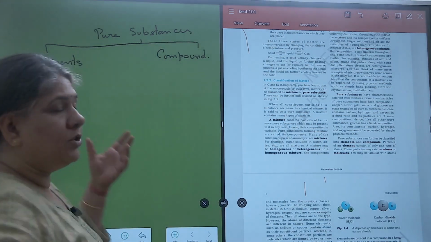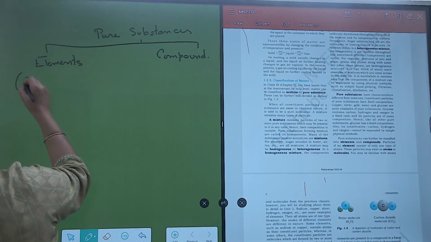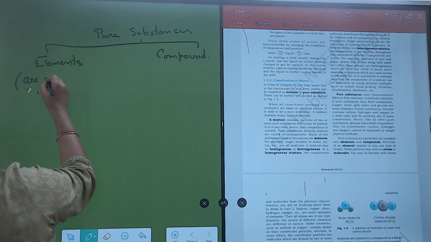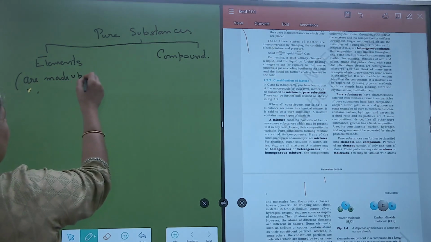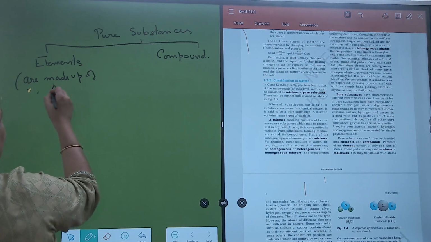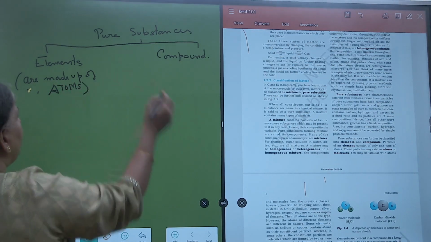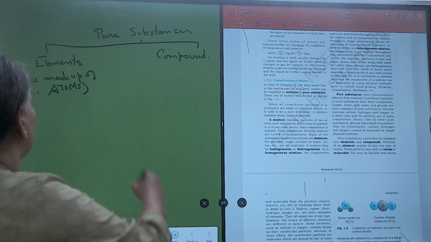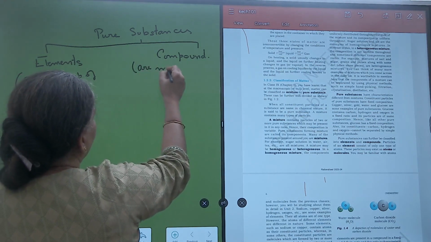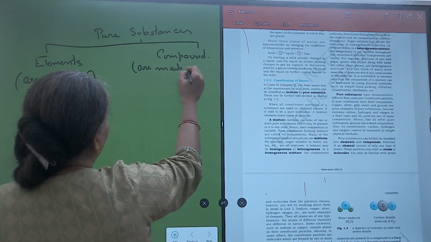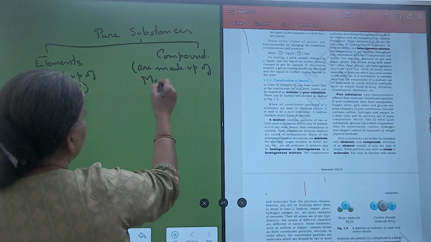The smallest unit of an element is the atom, so elements are made up of atoms, whereas compounds are made up of molecules, as their smallest unit is the molecule.